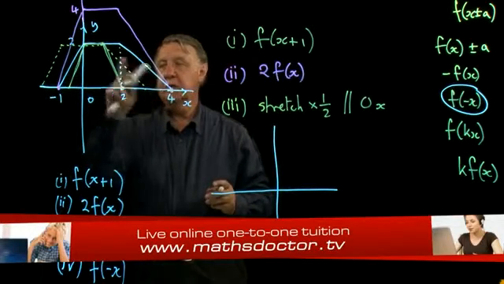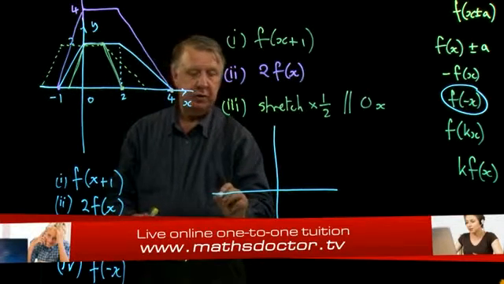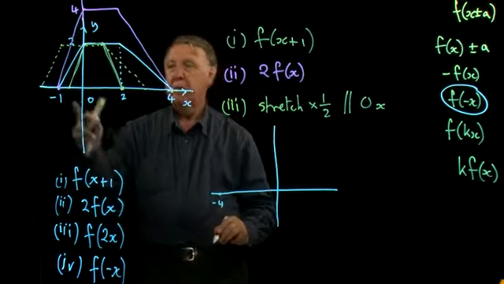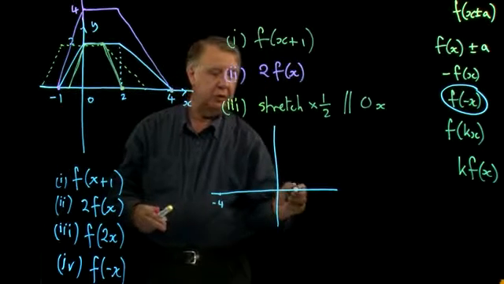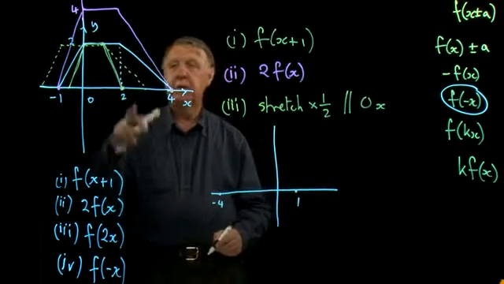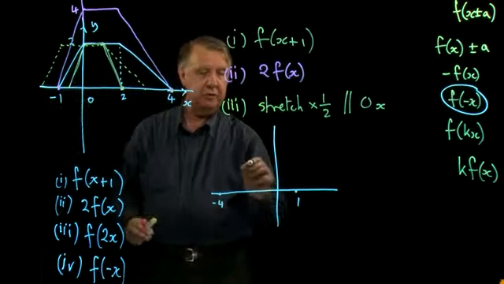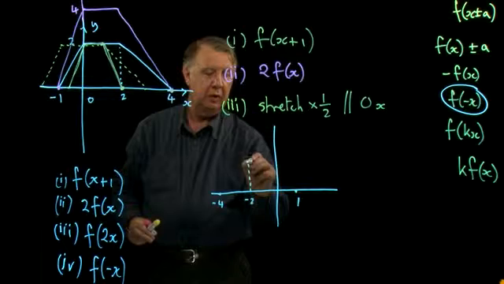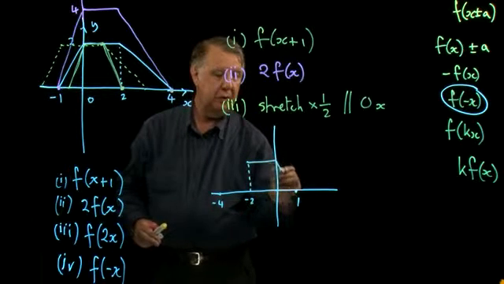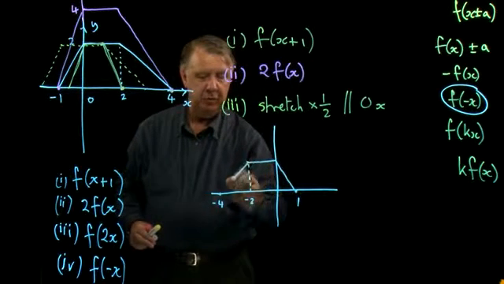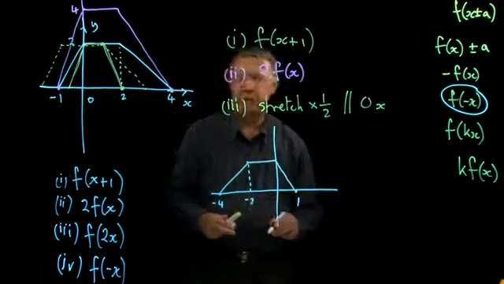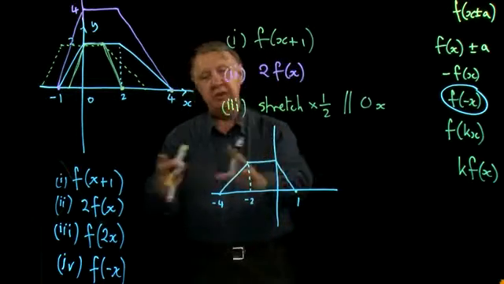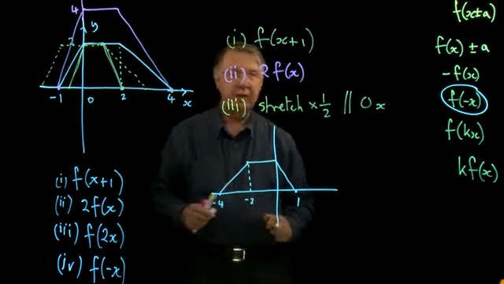So this goes across to -4, this goes across to 1. 2 goes across to -2, and then the whole graph is the mirror image in the y-axis. So therefore, most of it's this side instead of the other.